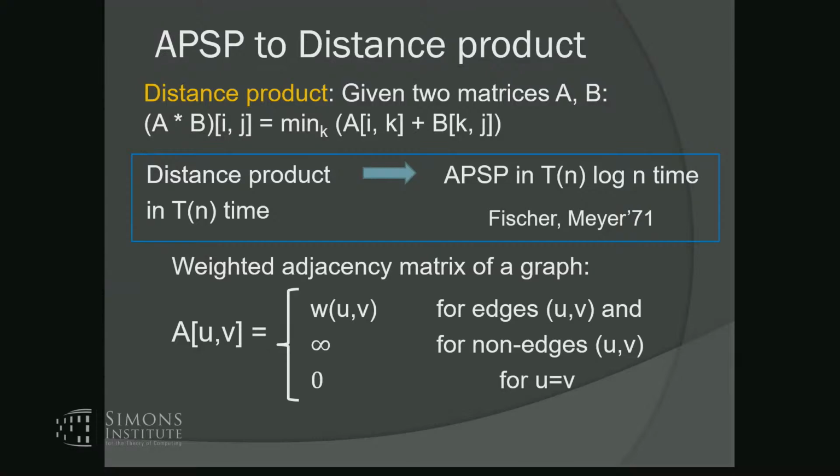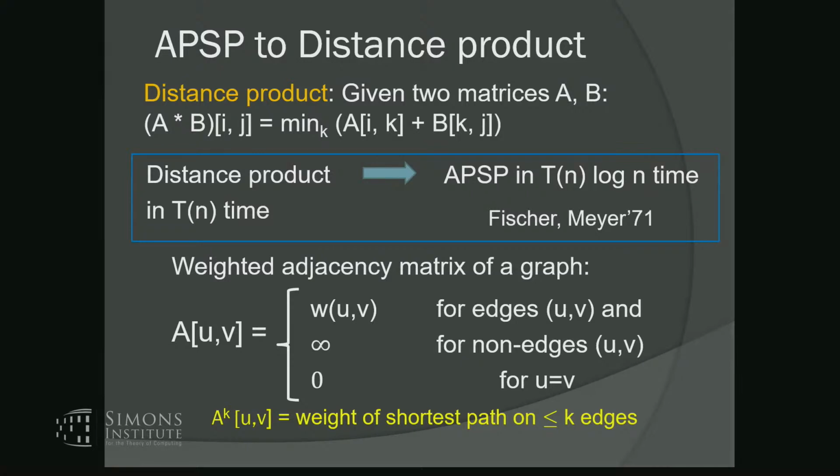It's going to have infinity for the non-edges, and it's going to have 0 for U equals V. And what you'll notice, if you stare at this for a little bit, is that if you take the kth power of the matrix, then what you're going to get is the weight of the shortest path on at most k edges in the graph.